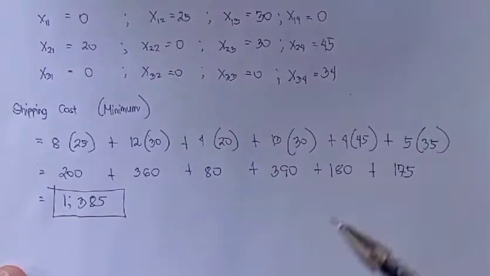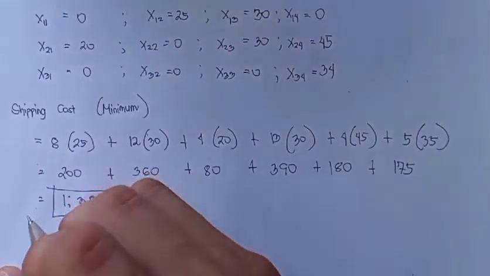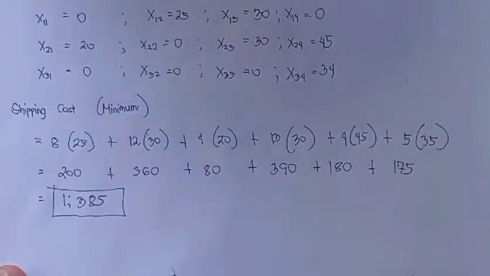Therefore, Jug Company has a minimum transportation cost of 1,385. And that's all for this video all about the transportation problem.